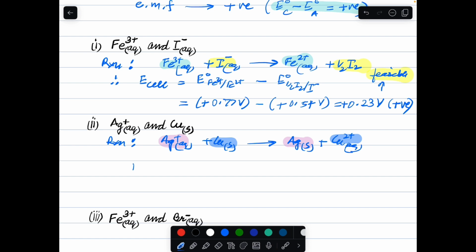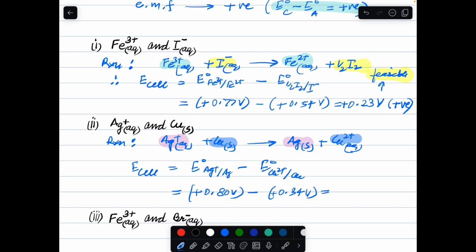So we will put down the value here. E cell or the EMF will be equal to E naught cathode. Cathode in our case is silver, so Ag+ to Ag, minus E naught for Cu2+ to Cu. This is equal to plus 0.80 volt minus plus 0.34 volt.